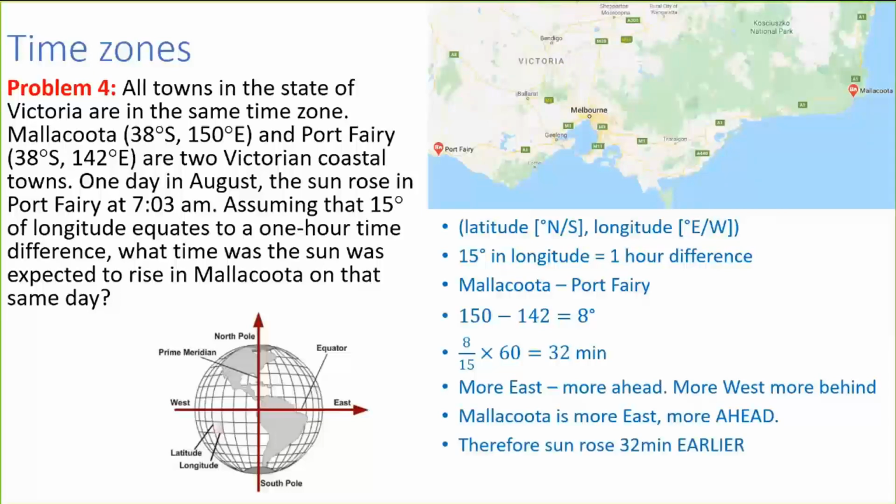The sun will rise 32 minutes earlier in Mallacoota. If it rises at 7:03 a.m. in Port Fairy, 32 minutes earlier, if I've done that correctly, is 6:31 a.m. in Mallacoota. There you go.